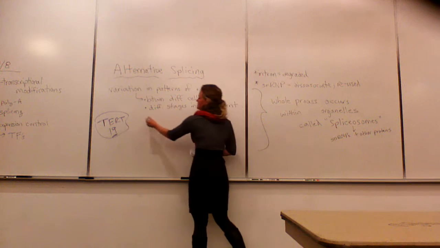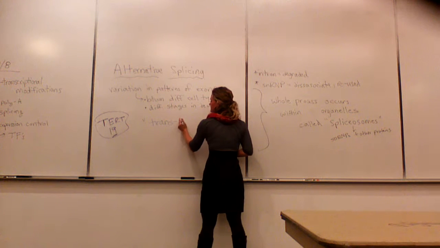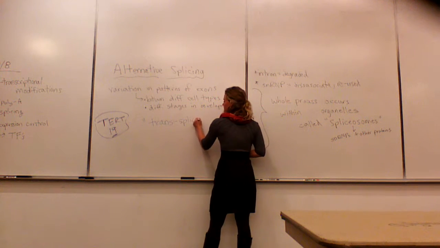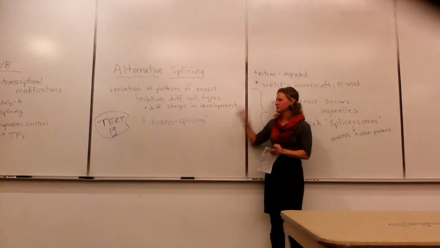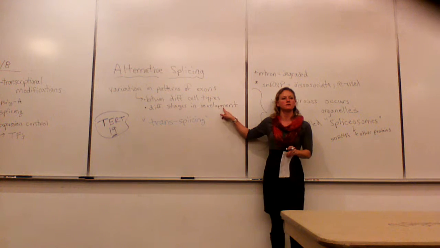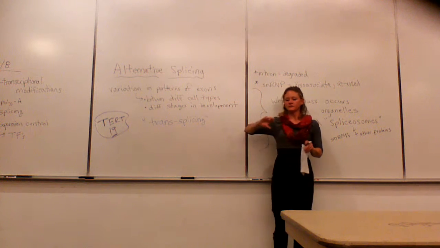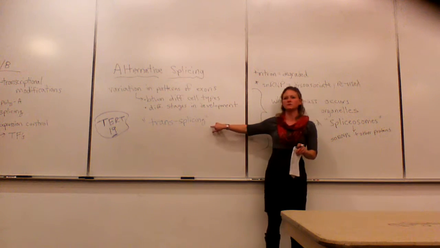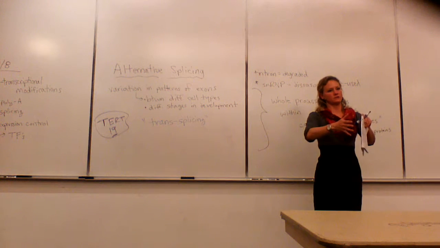Also, under alternative splicing, there's something called trans-splicing. And this just means that instead of variations in the pattern of the sequence of exons, trans-splicing is when you're fusing exons from totally different transcripts.